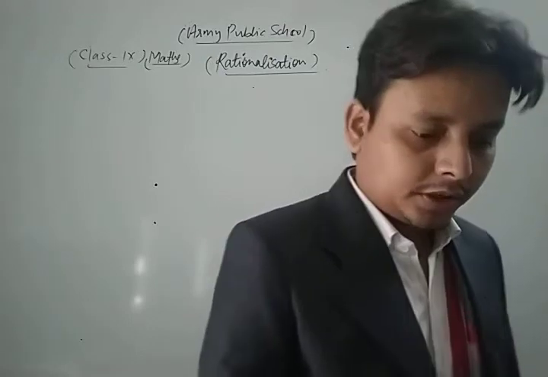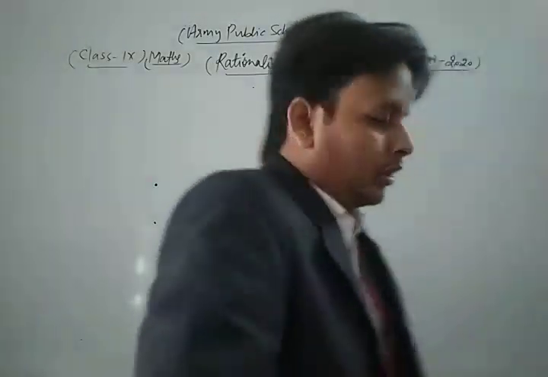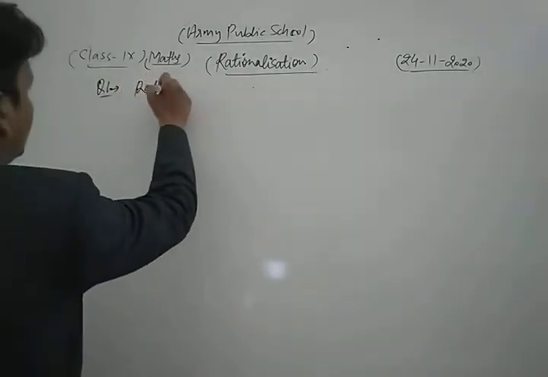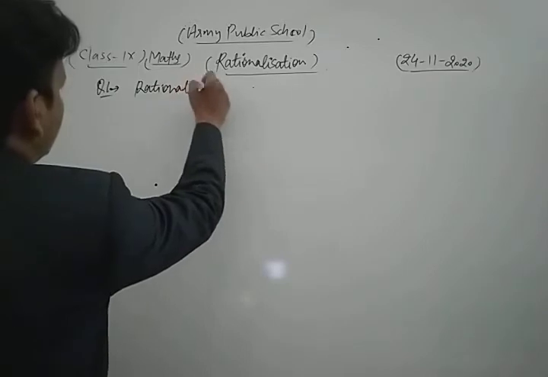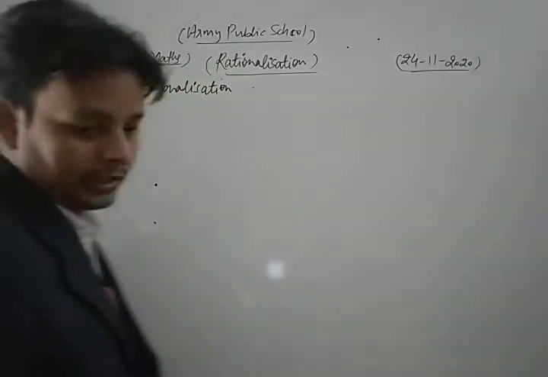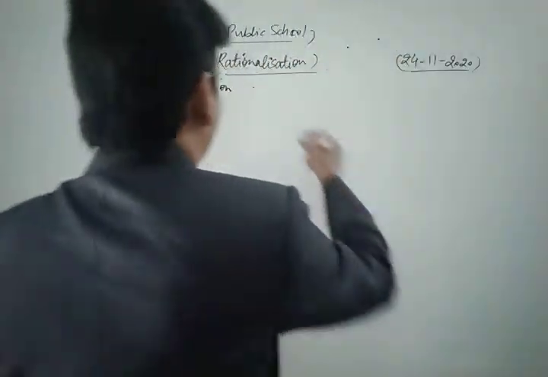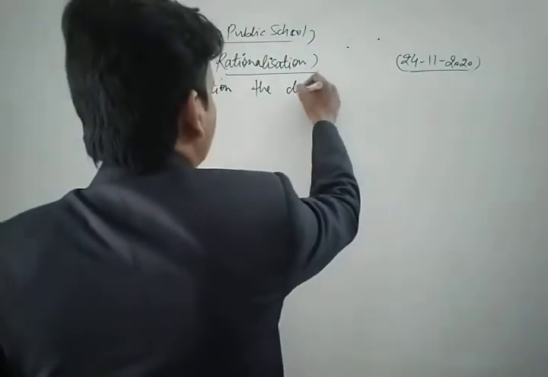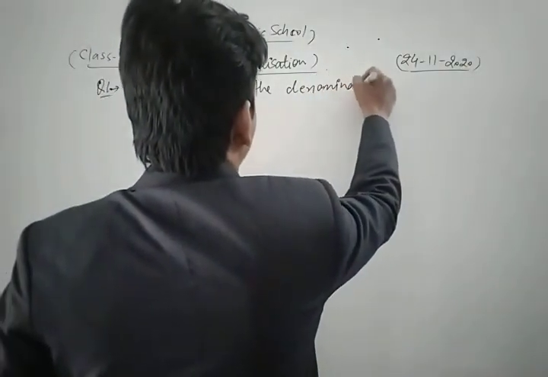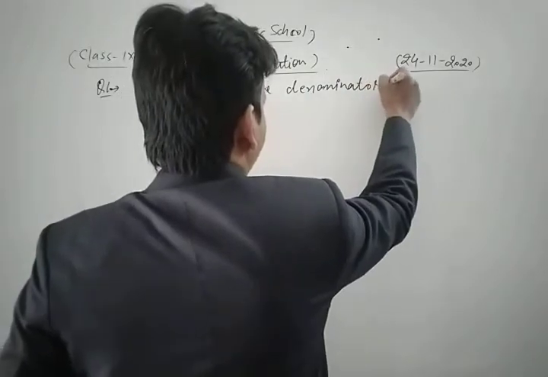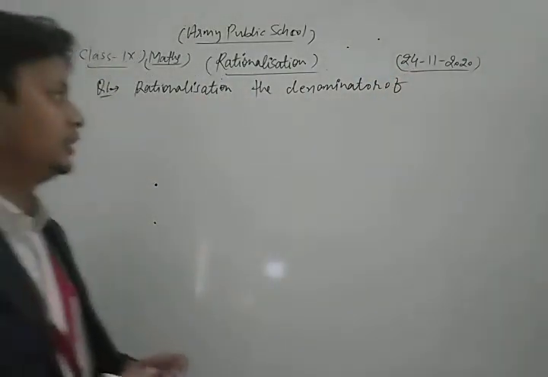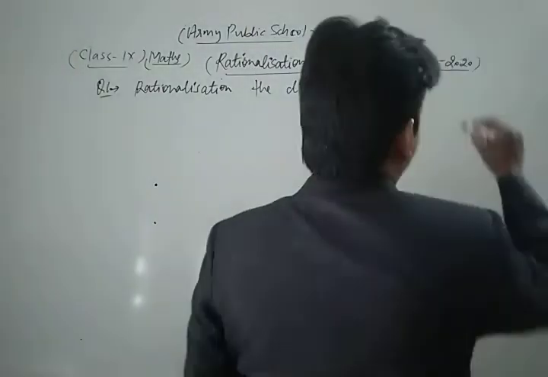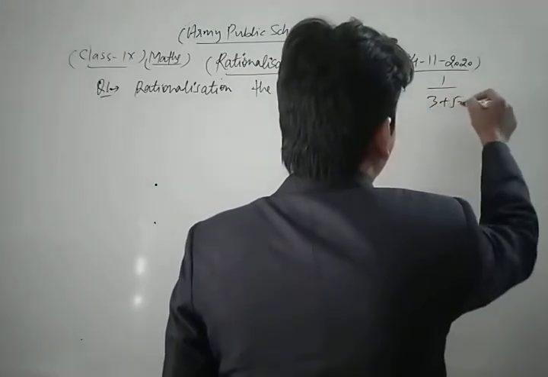Let's see your question. Rationalize the denominator of 1 upon 3 plus root 2.